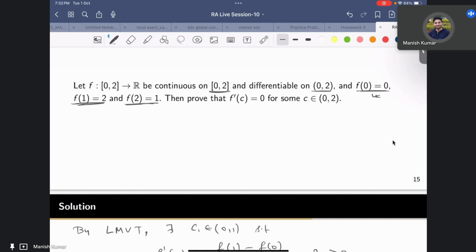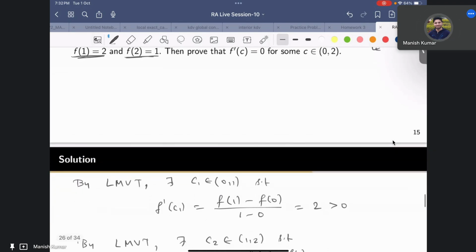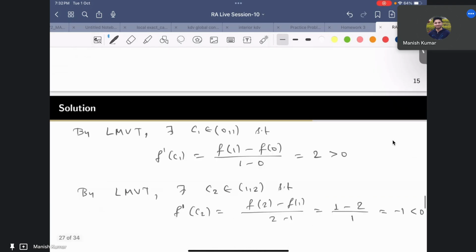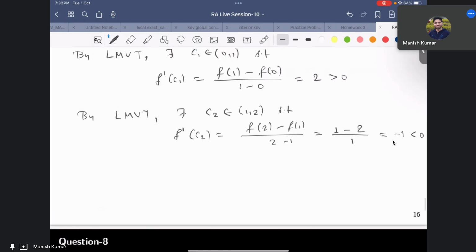You don't know whether f prime, the derivative, is continuous or not. So you cannot use the intermediate value property, but you have something similar for the derivative. Do you know this Darboux theorem? The Darboux theorem says that the derivative always has the intermediate value property. If f is differentiable, then the derivative will have this intermediate value property.